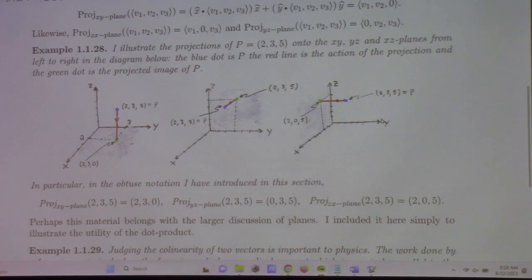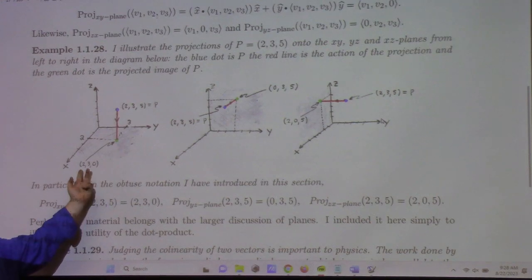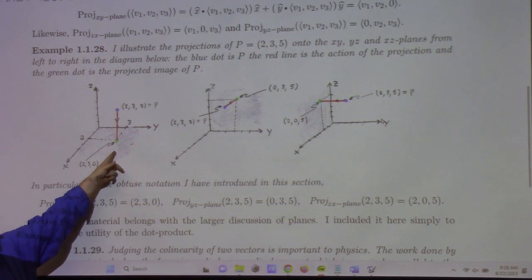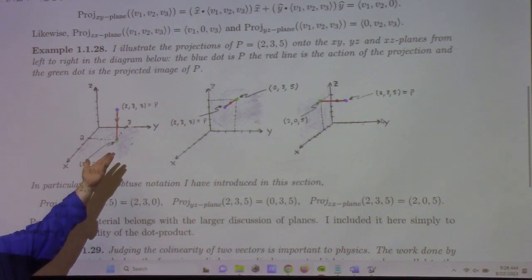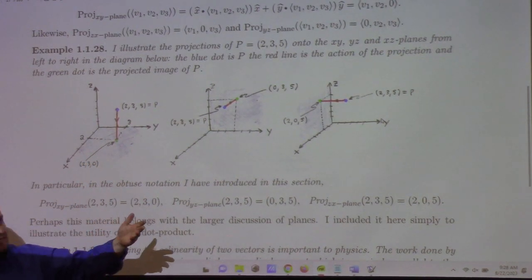Now you don't need all that when you're talking about planes that are parallel to the xy, xz, or yz directions, right? Because you can just see it. You can just see that (2,3,5) is closest to the point (2,3,0), right? And the distance from that point to the xy plane is just 5, right? We don't need any kind of fancy vector formalism for that.